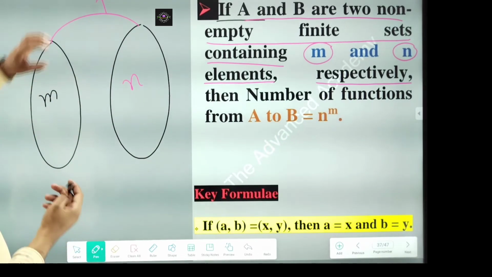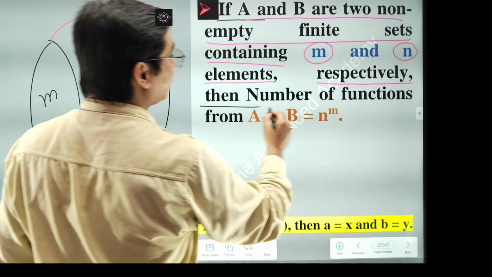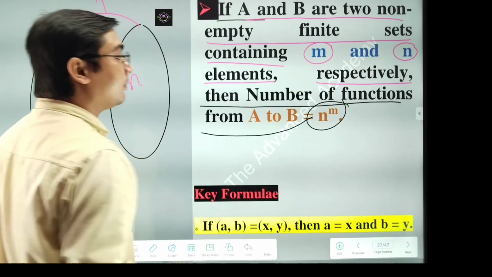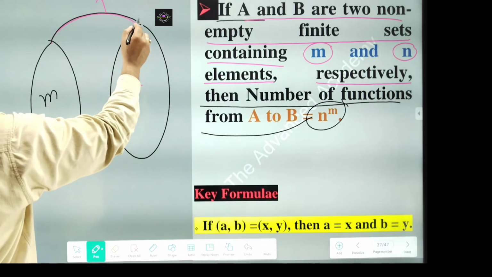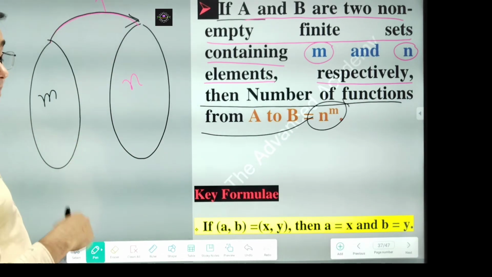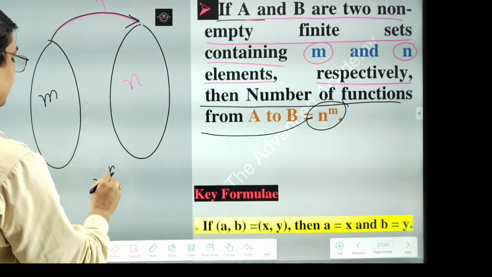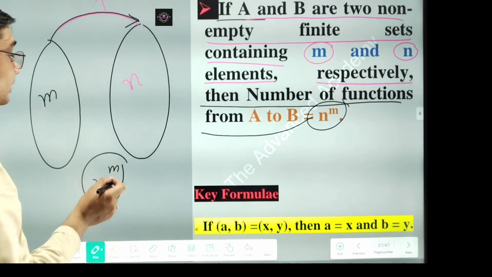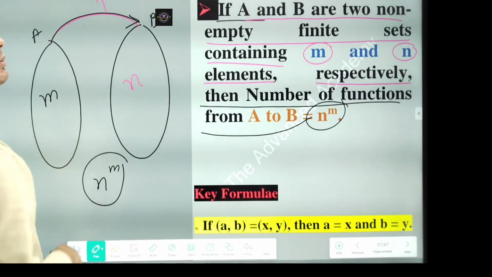Then how many functions of this type can we construct? Then the number of functions from A to B will be n to the power m. So the total number of functions we can construct from set A to set B will be n to the power m.